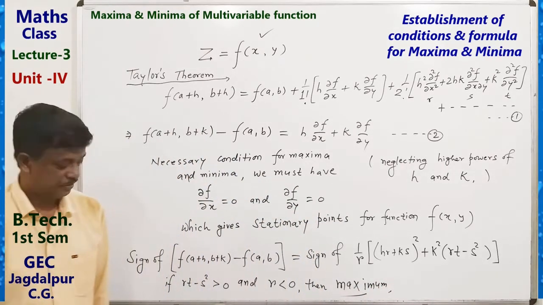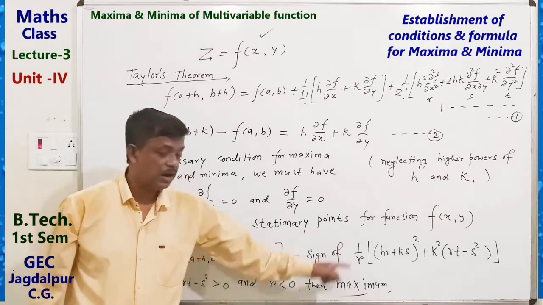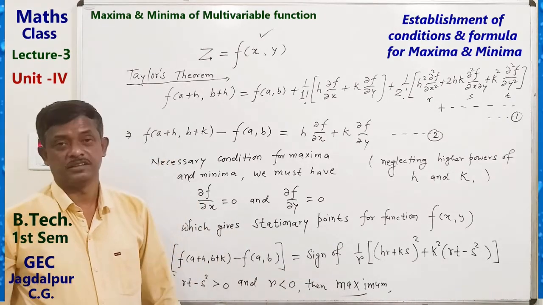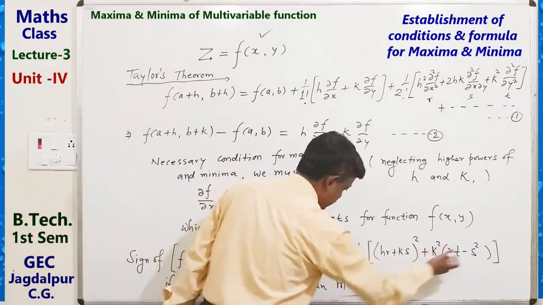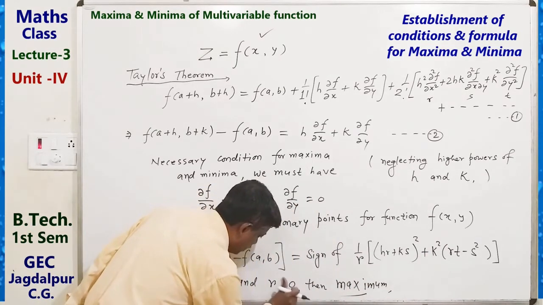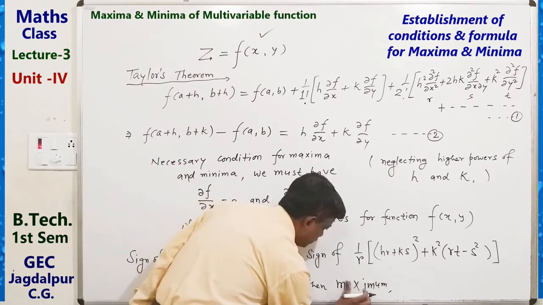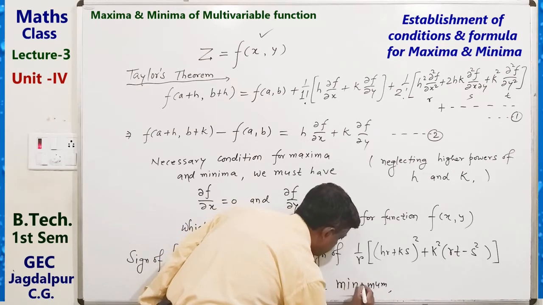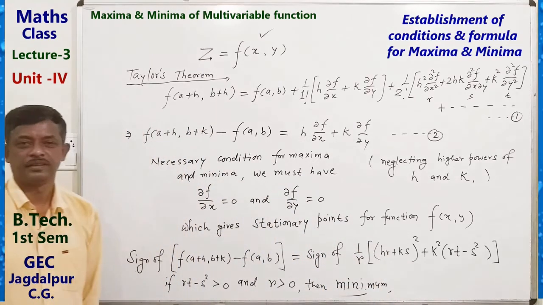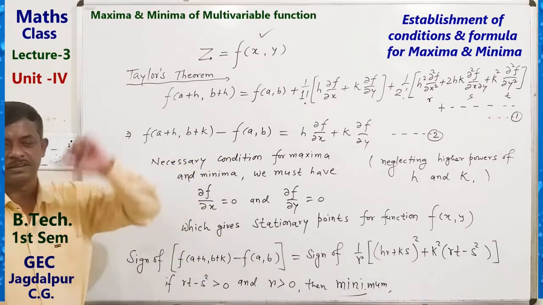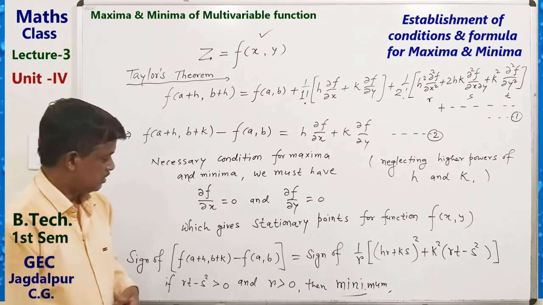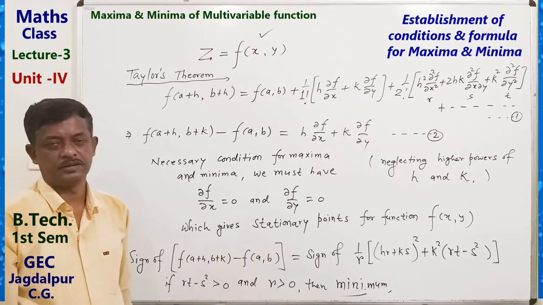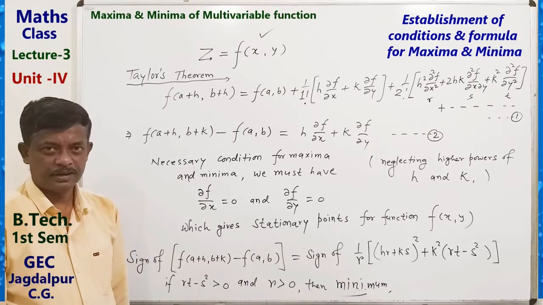And if this is positive and r is greater than 0, so r greater than 0, then we get minimum. So this is our testing condition. Clear?